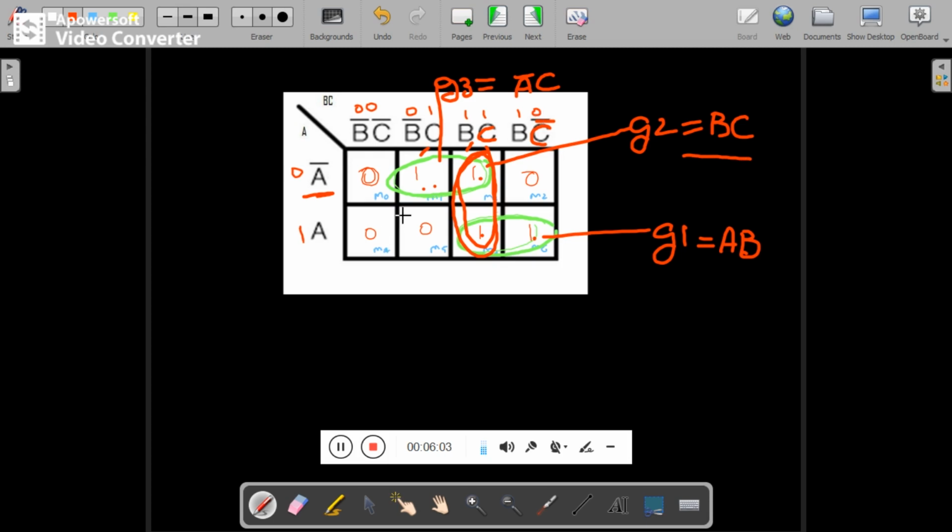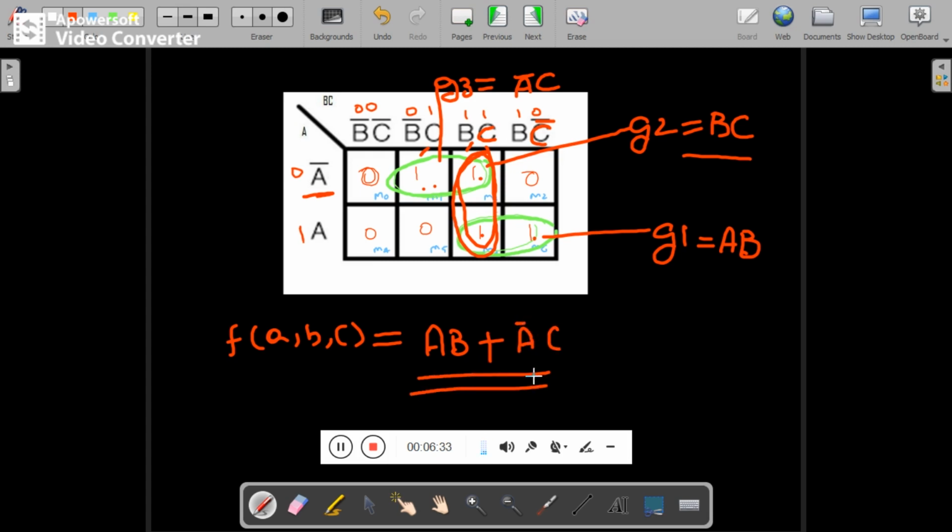Now, as I said, this group is not essential. So while writing SOP, function of A, B, C is equal to, the answer for this one is nothing but we have group 1 that is AB, and we have group 2, A bar C. This is the answer.